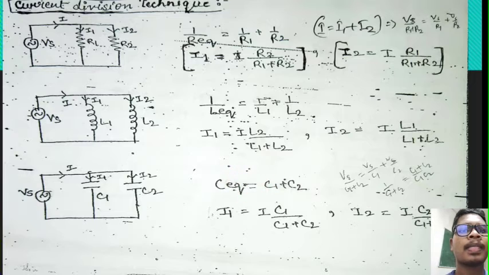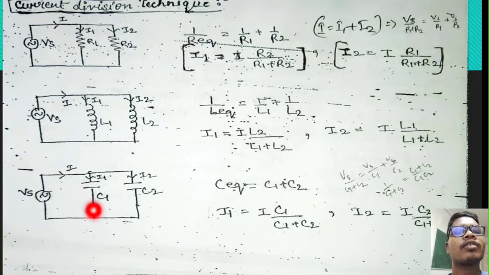Okay, you already know this from your basics. So now the current I will be divided into two parts, I1 and I2. So for the I1 current, it is opposite to the resistance and inductance cases. Okay, so if we want to find the I1 current, then it is the total current multiplied by the same capacitance divided by the total capacitance, that one is our formula.